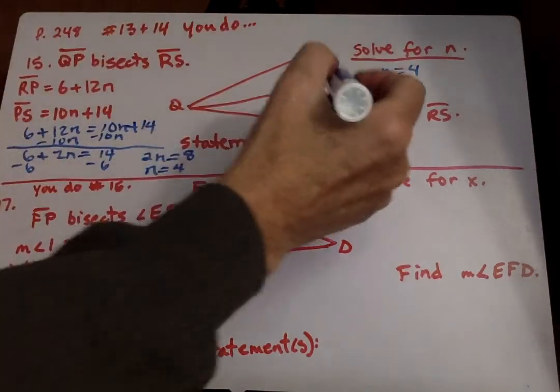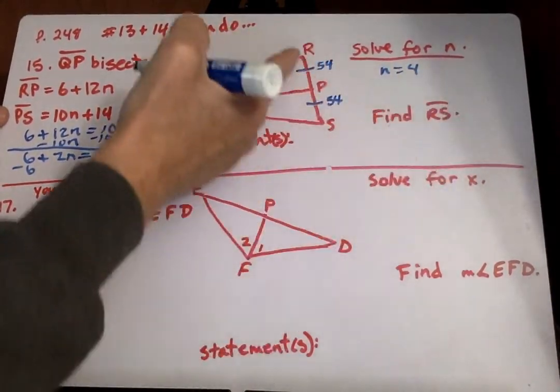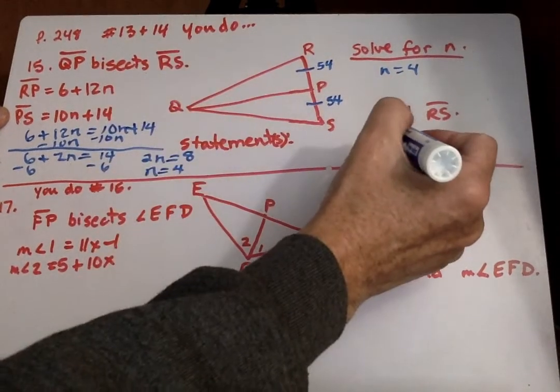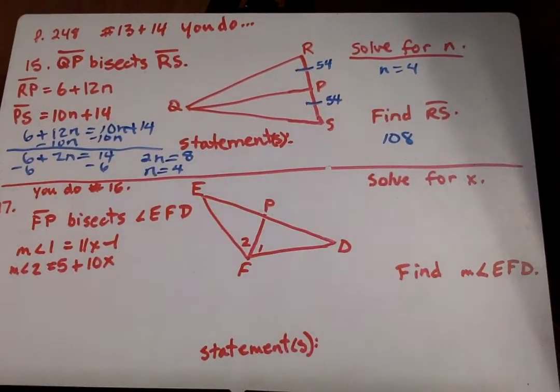And this PS is 54. So if they're asking us for RS, the length there, it's going to be 108. Normally I would ask you to put units on there, but they don't have any units, whether it's inches, feet, or yards, we don't know. So we just put what we do know, which is 108, and that's correct.